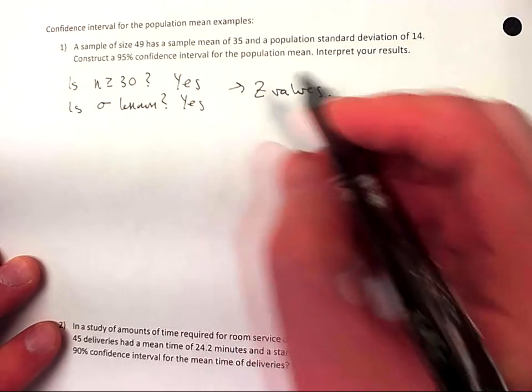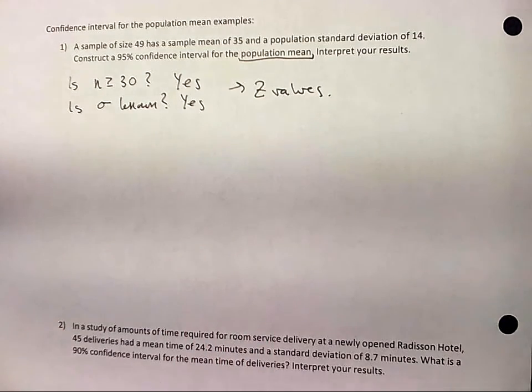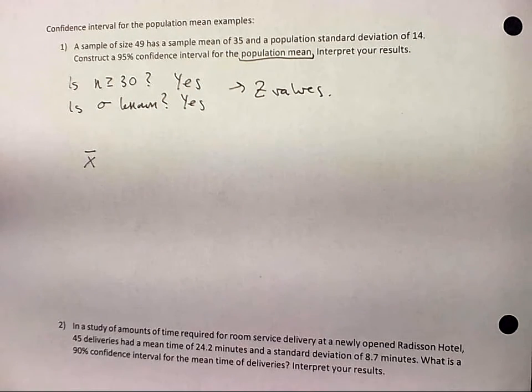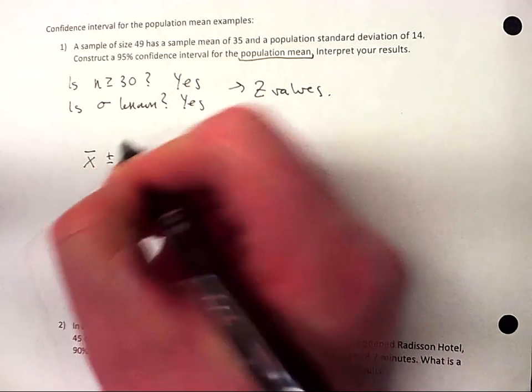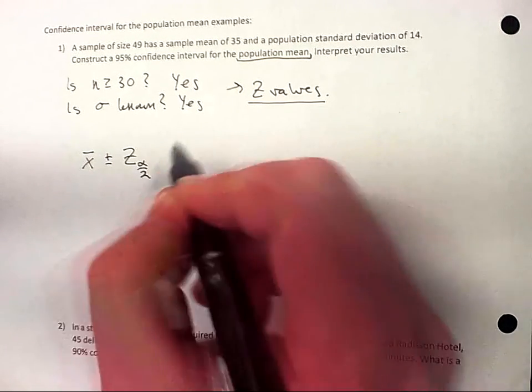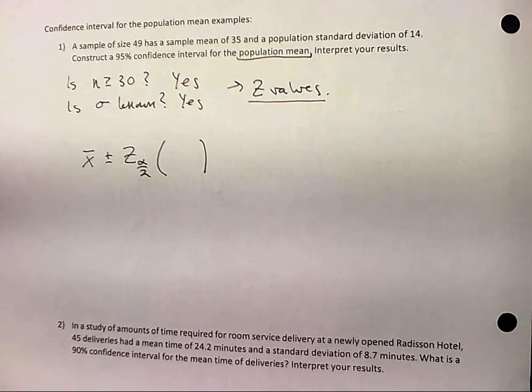So therefore, here the formula that we're going to use is we're dealing with the population mean. The estimate, therefore, for our population mean is going to be x bar. That's going to be the sample statistic that we're going to use to estimate our population parameter. And for this, then, we're going to use plus or minus. We just determined that we're going to use z, so z sub alpha divided by 2 times something.